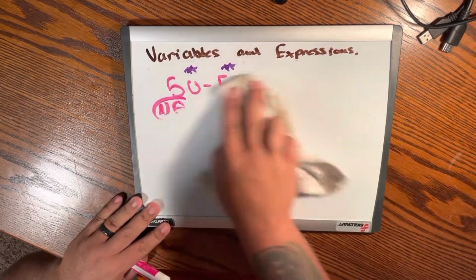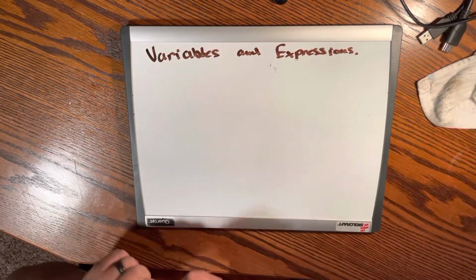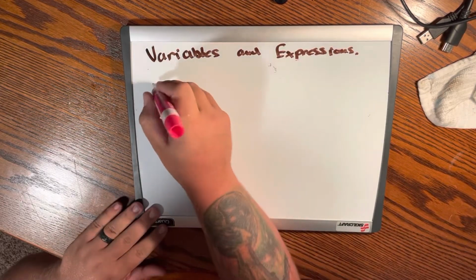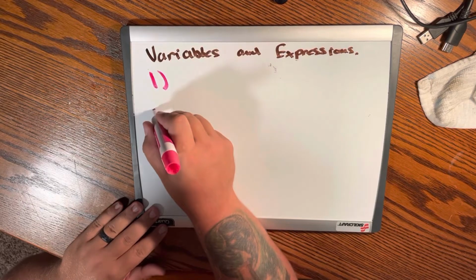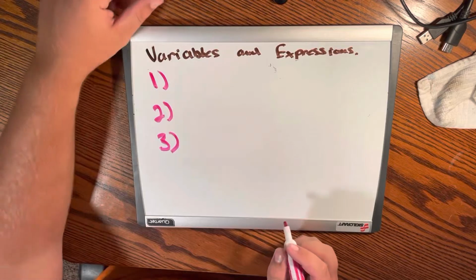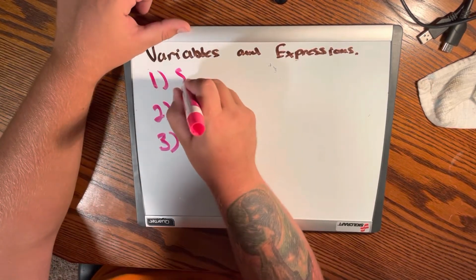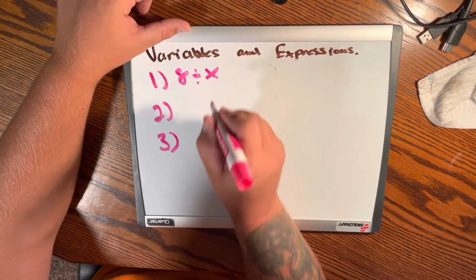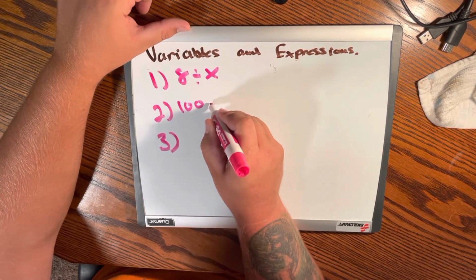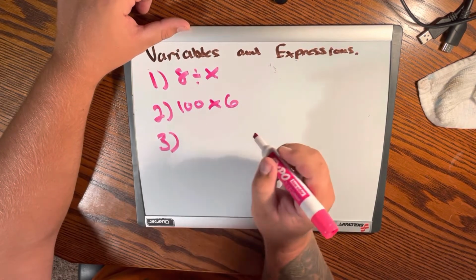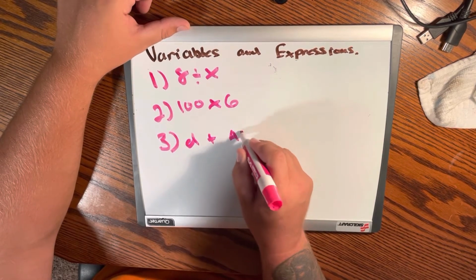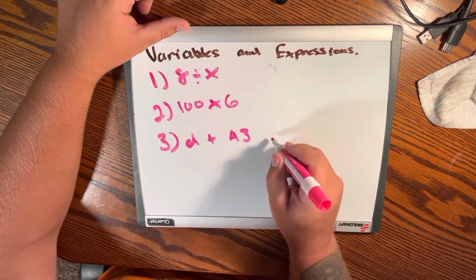Now, at home, I want you guys to write down if these three are numerical expressions or variable expressions: 8 divided by x, 100 times 6, and d plus 43 minus 9.